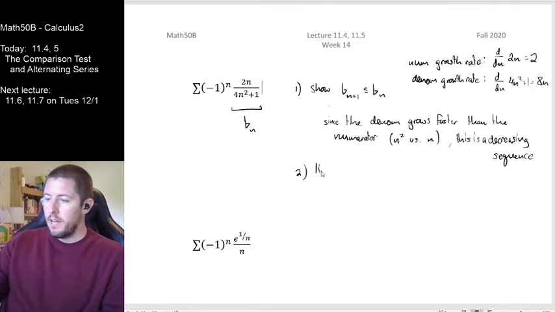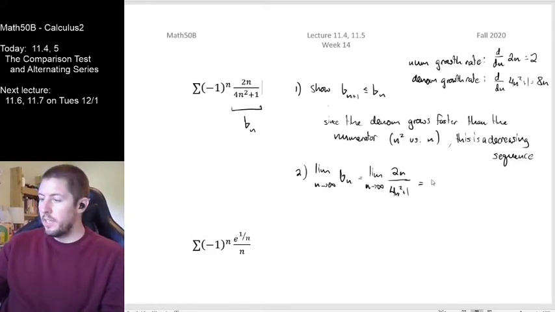For the second part, I need to show that the limit as n goes to infinity of b sub n is equal to 0. This one, hopefully you see, is directly, obviously true right here. I'm going to factor out n squared from both parts right there.